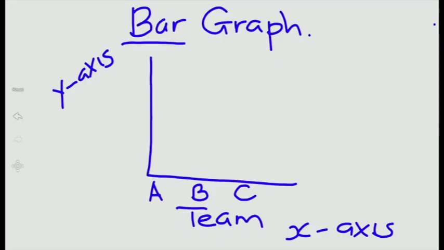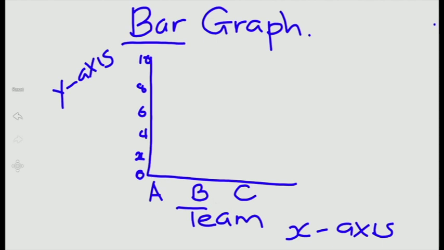On your x-axis, we are going to have the teams, and on the y-axis numbers: 0, 2, 4, 6, 8, 10. On the y-axis, I'm going to plot the number of pupils who raised their hand for that particular team.